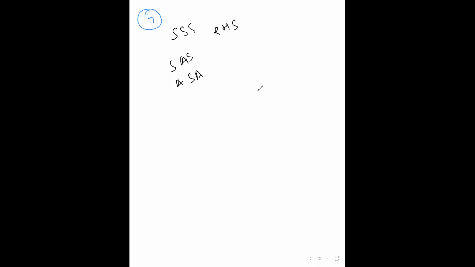So he's saying, why can't we say that if there are two triangles and this angle is equal to this angle, this angle is equal to this angle, and this angle is equal to this angle, they are congruent?